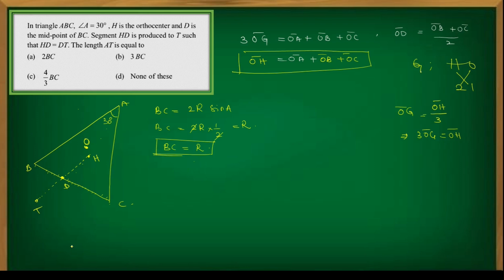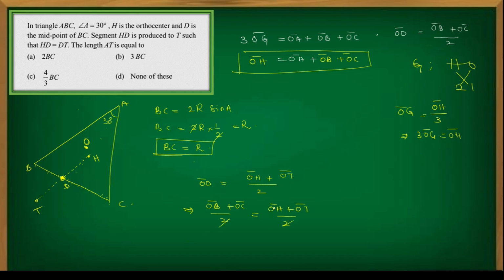Now D is the midpoint of TH. Can we use that? D is the midpoint of TH means OD is equal to OH plus OT by 2. But OD is OB plus OC by 2, which is equal to OH plus OT by 2.